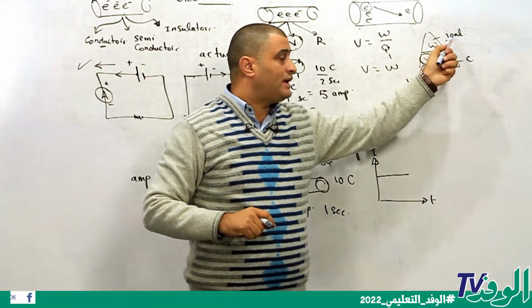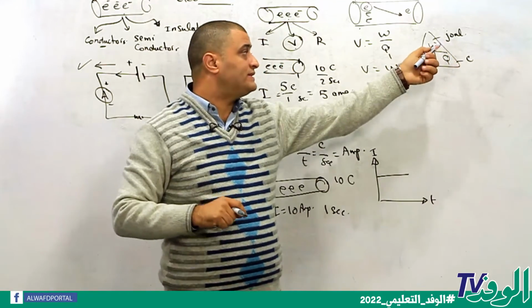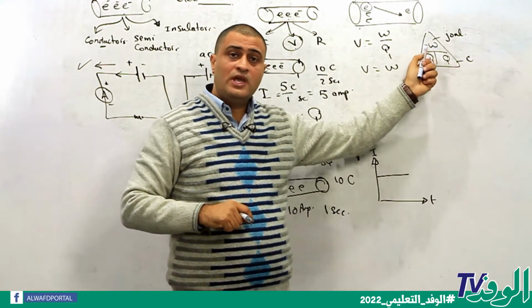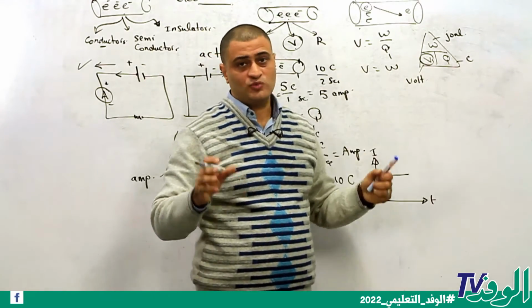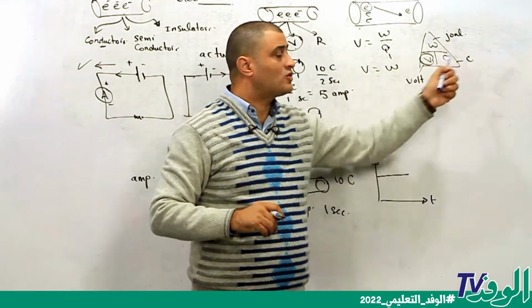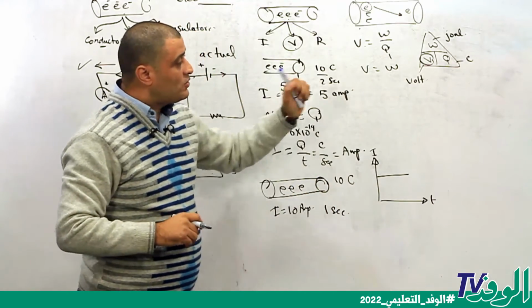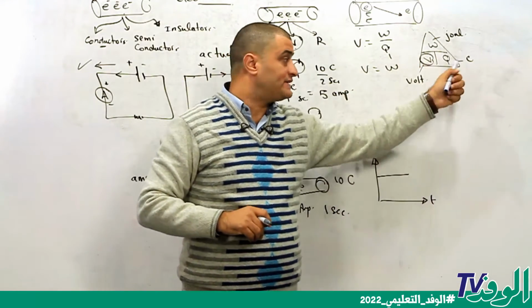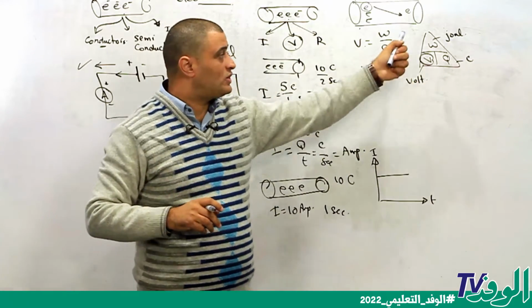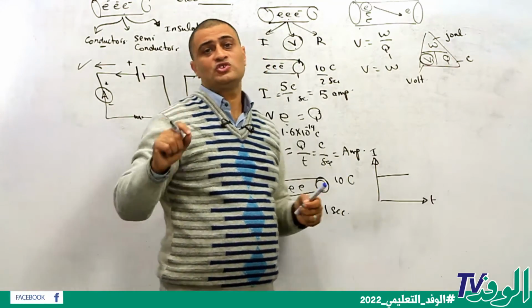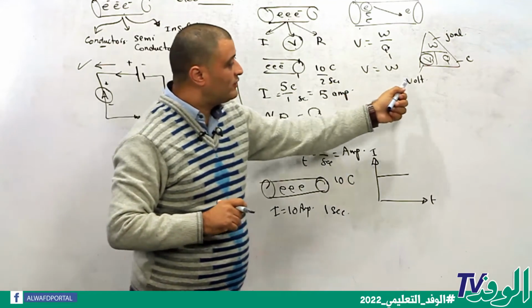Joule in electricity means the work done, when the potential difference equals 1 volt, to transfer a quantity of charge equal to 1 coulomb between two points. Coulomb, from this law, is the quantity of charge transferred by work done equal to 1 joule between two points whose potential difference equals 1 volt.